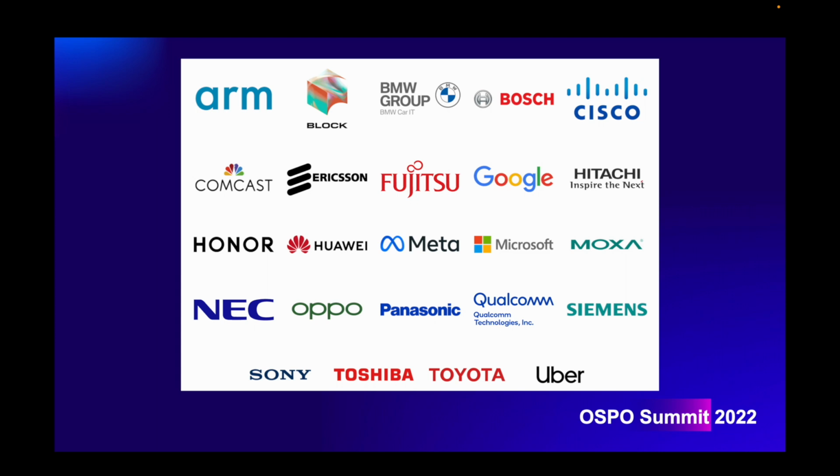Looking at just this slide, 24 companies on the OpenChain governing board, you will see all geographies, all markets, and many different company sizes represented.